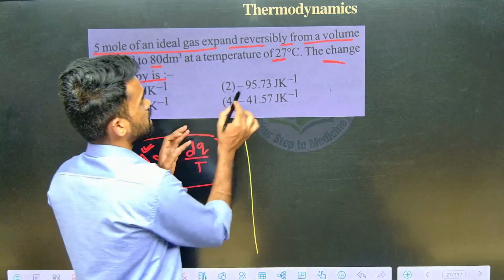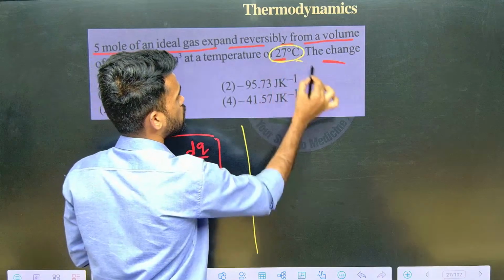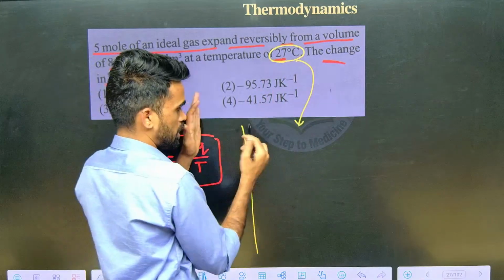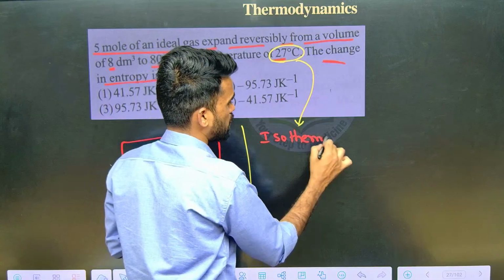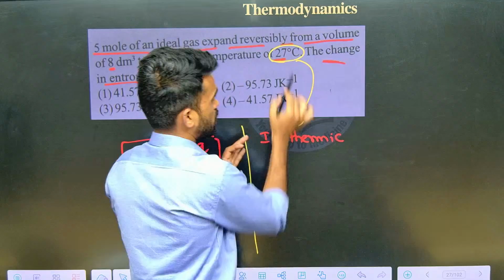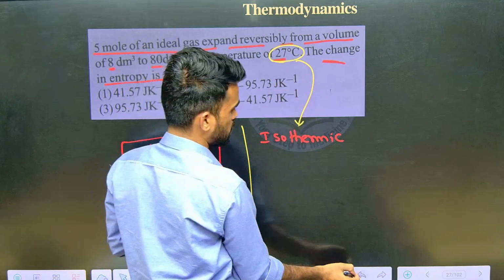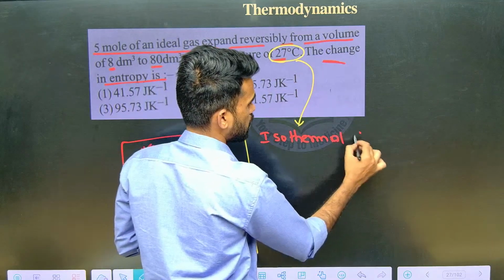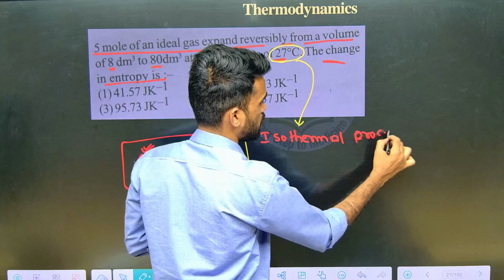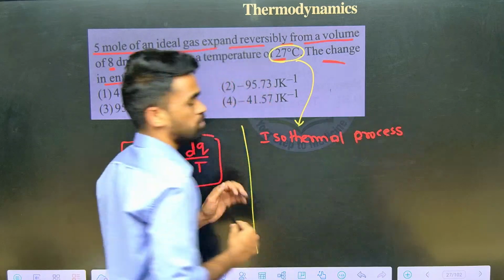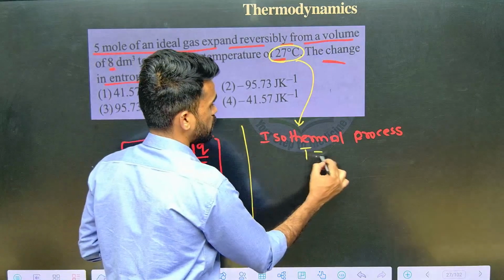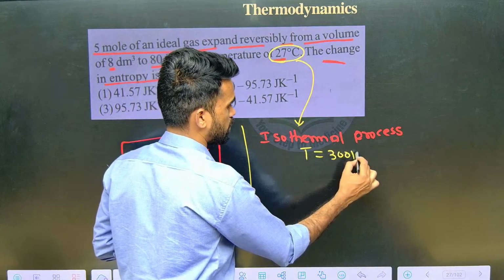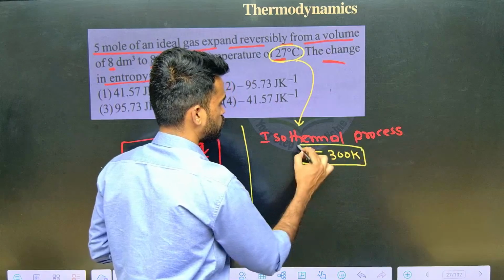See, they are saying at this particular temperature, so this condition is considered to be isothermal, because a specific temperature is mentioned and the temperature is fixed. What is this? Isothermal process, where temperature remains constant. 27 degrees means 300 Kelvin, so this is a fixed value.